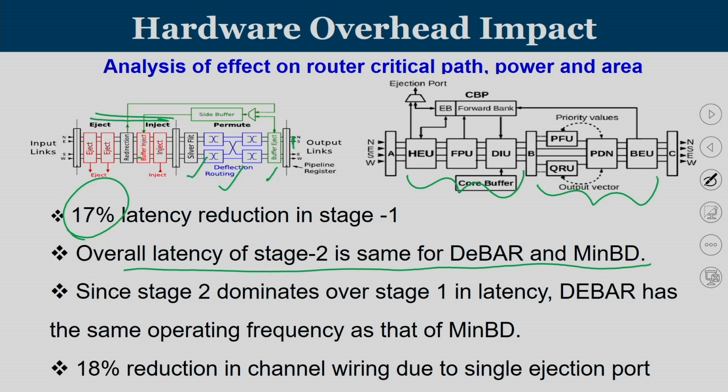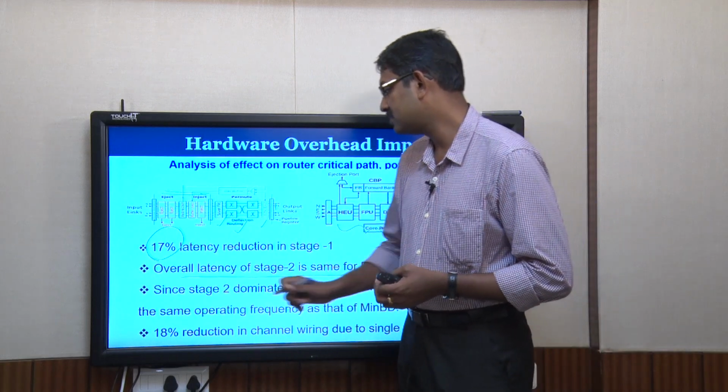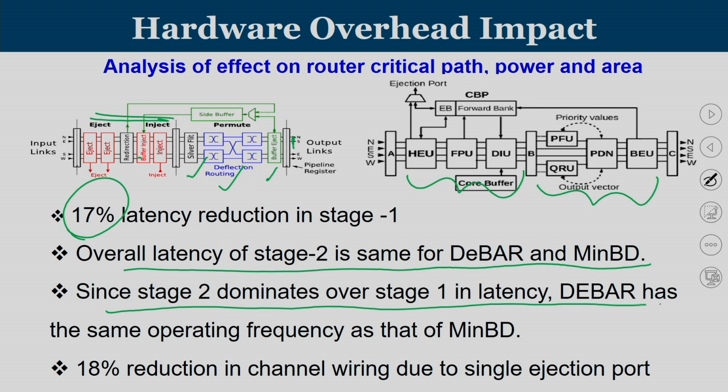Since both MinBD and D-bar are pipelined routers, we know that in a pipeline of multiple stages, whichever stage is taking more time is going to govern your pipeline timing. So, even though we save a little bit in D-bar in stage 1, since stage 2 is the same for both D-bar and MinBD, and stage 2 dominates over stage 1 in latency, D-bar can operate at the same frequency as MinBD.